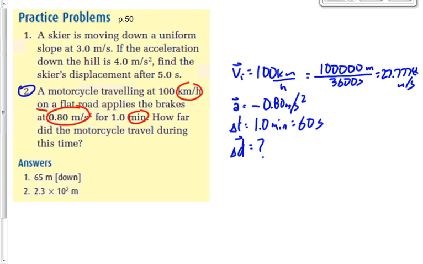Now, which equation do you want to use given that you're looking for D, you've got VI, you've got A, and you've got T? Which one do you want to try here? Ryan, an idea for this one? Pick one. It's a group B problem. Which one?